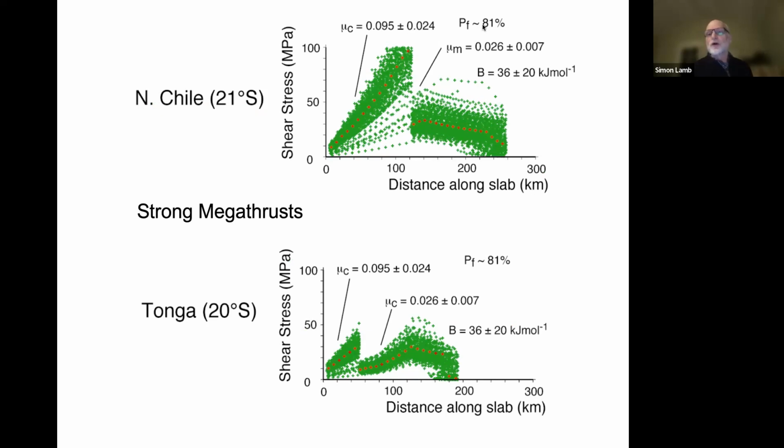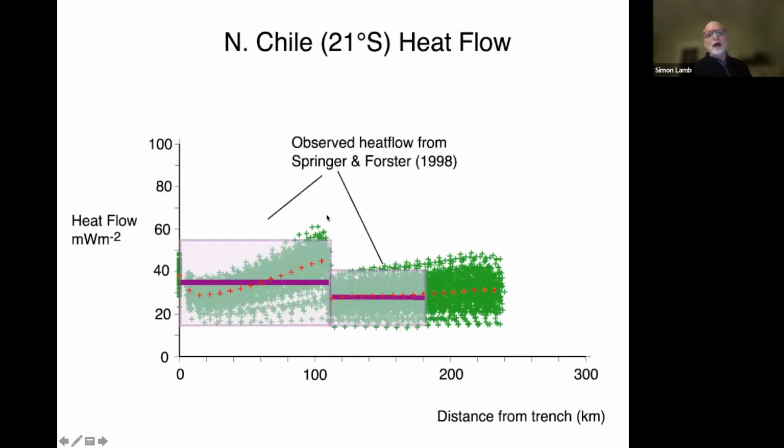So it's not as though these are dry systems, they're all wet. It's just that this is a little bit stronger, probably about 3 times as strong as a typical subduction zone. And that's why you can get these very high mountains. That's consistent with the heat flow as well. If you look at the heat flow in northern Chile, it's consistent with this higher strength.